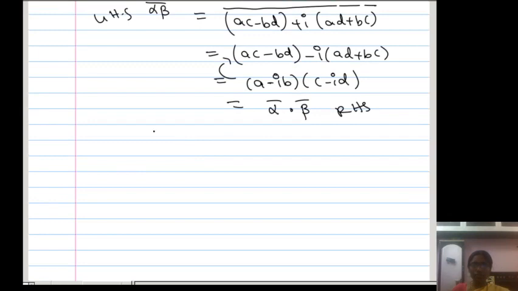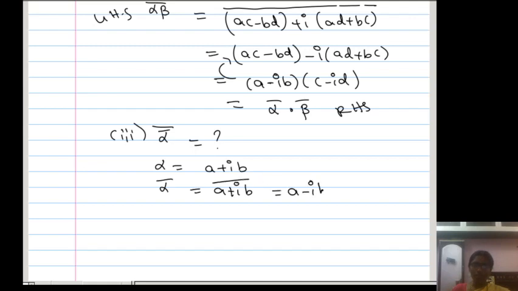Next, the third one. I am doing the conjugate two times. Let us say alpha is A plus iB. What is alpha bar? A minus iB. Yes, A plus iB whole bar is equivalent to A minus iB. What is alpha bar whole bar?